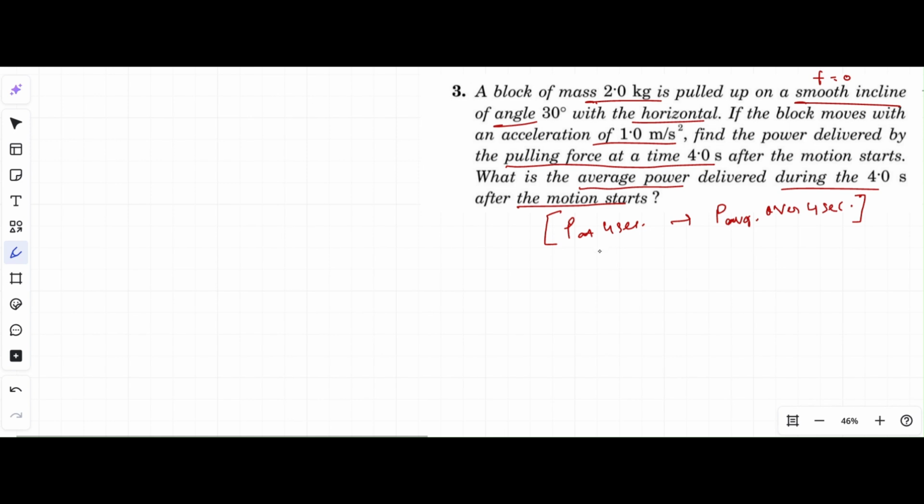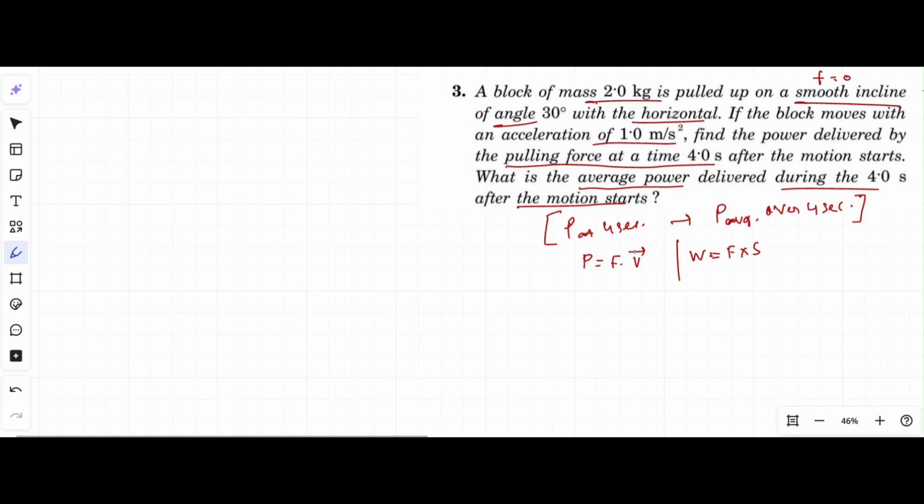So here there can be a concept of instantaneous power at some position. Whatever the work has been done, we can calculate based on that, and we can calculate based on the velocity. We know that power is equal to force into velocity, and work is equal to force into distance.